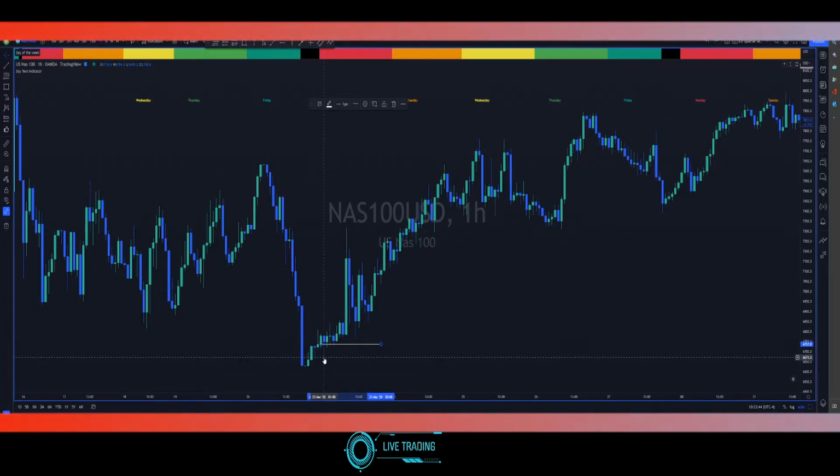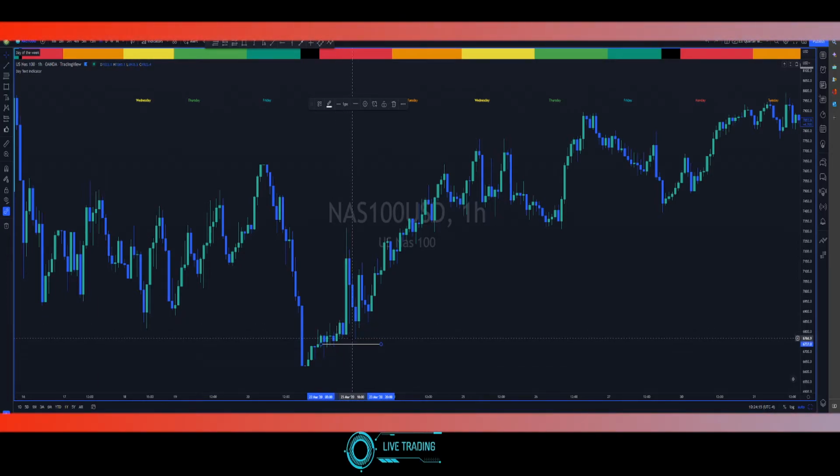Monday midnight, price wicks below at 1 o'clock. So like 9 o'clock comes to give the market opportunity to get in at this bullish order block right here.